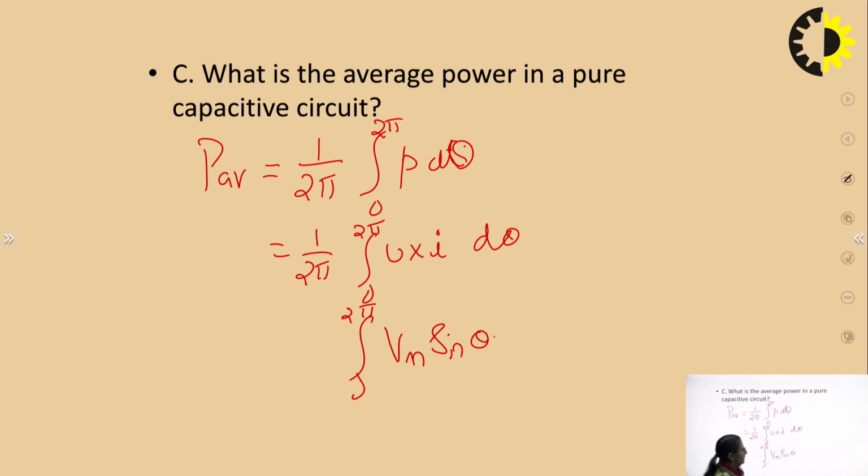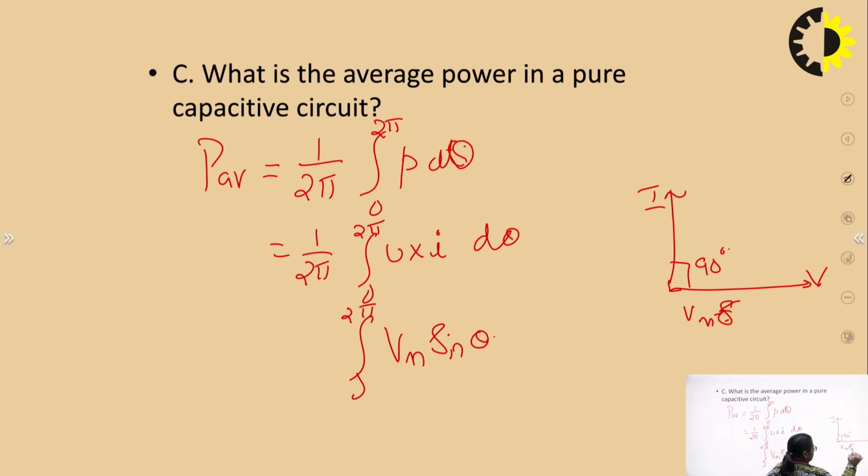For a purely capacitive circuit, the current leads the voltage by 90 degrees. So if V is equal to Vm sin theta, then the current is equal to Im sin(theta plus pi by 2).